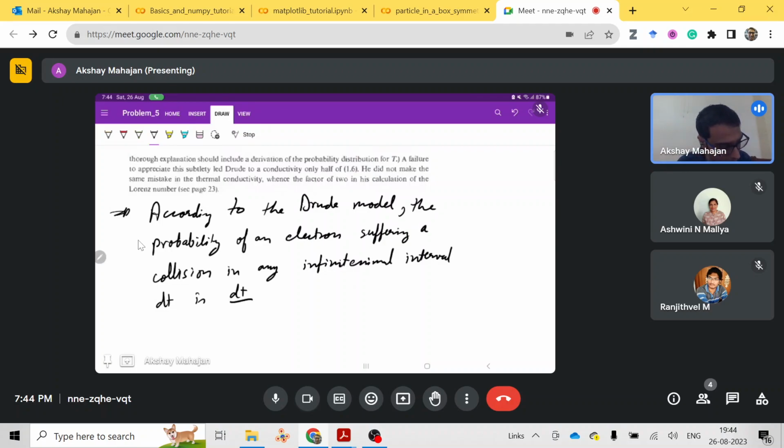That is given in the question, and tau is our relaxation time. So I'm just writing it. We are given the relaxation time.